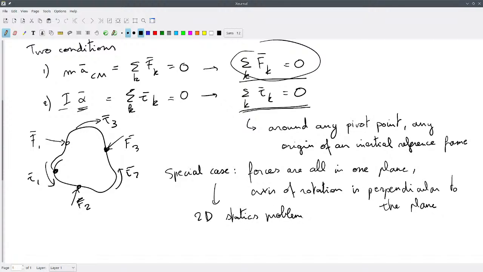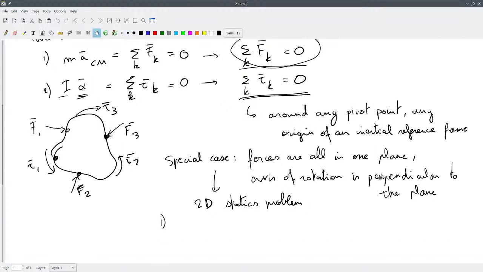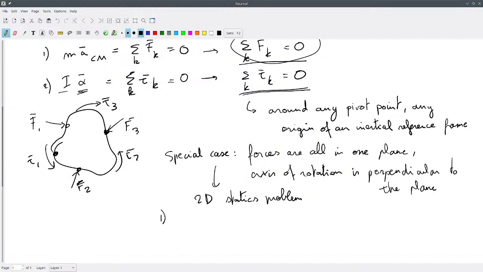In that 2-dimensional problem, all of our forces are inside the plane, so they're all perpendicular to the z-axis, which we'll pick to be out of the plane. So if we have our x and y-axis in this direction, and then z out of the plane, then all of our forces are perpendicular to the z-axis.